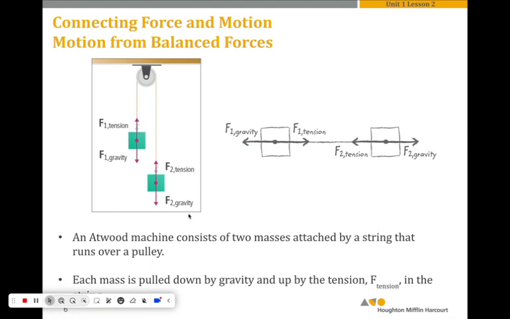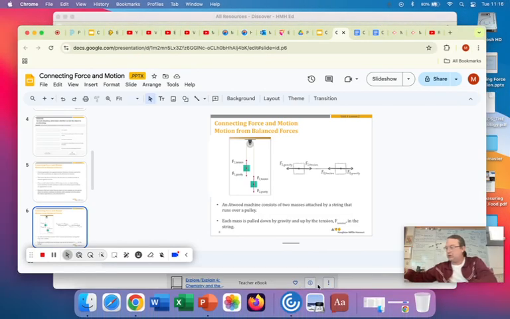Okay, so this is called an Atwood machine. It has two masses attached by a string connected by a pulley. So we could say this is an Atwood machine if I hang two masses from it. Let's see if I could do this.